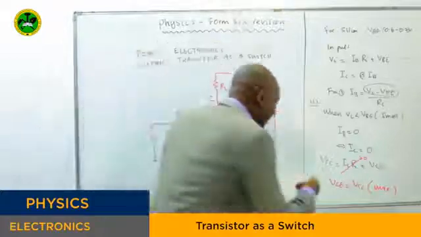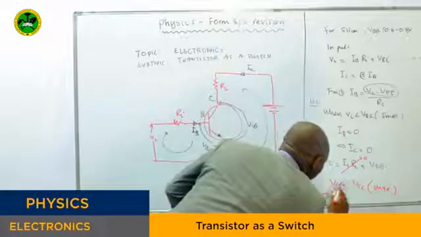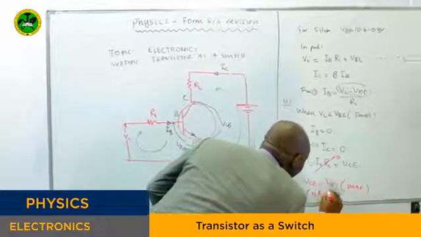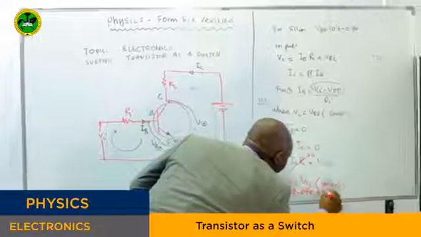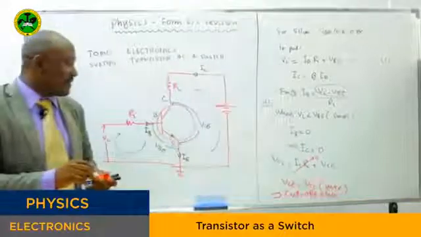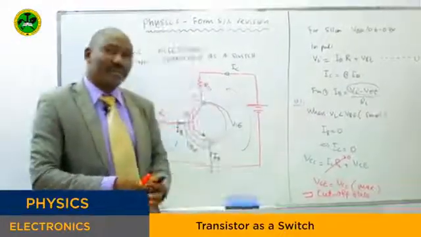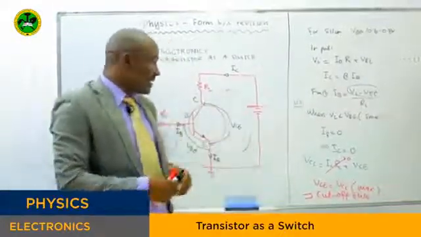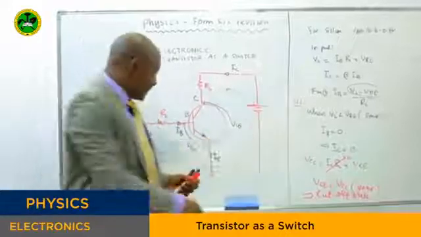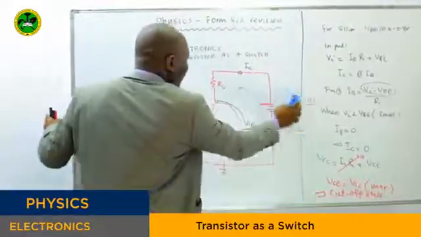So remember, in the cutoff state of a transistor, VCE equals the maximum power supply. That's one condition. Let's go to the second part.